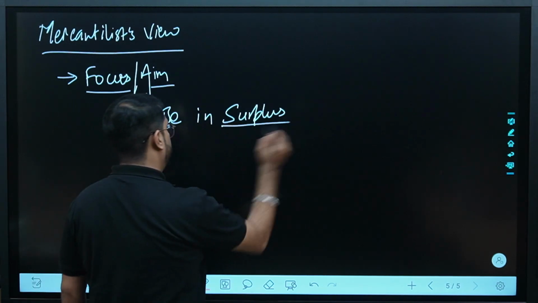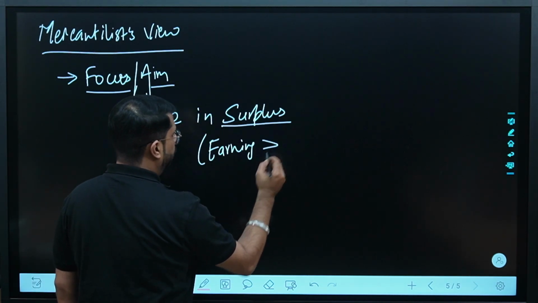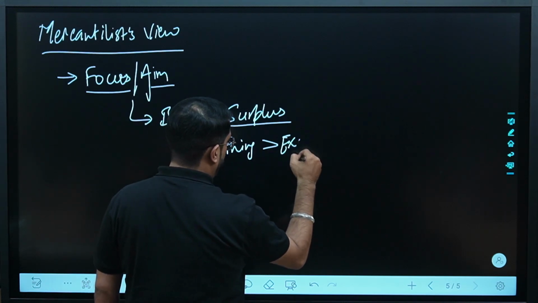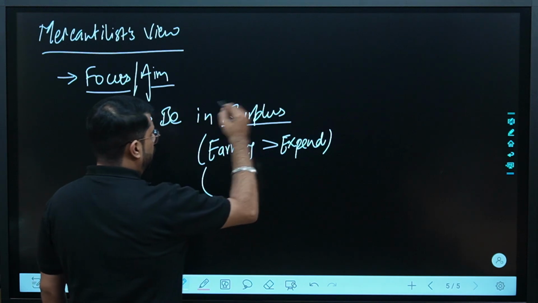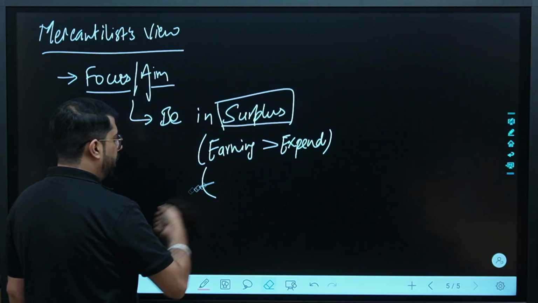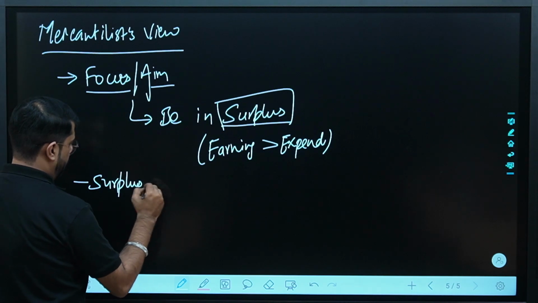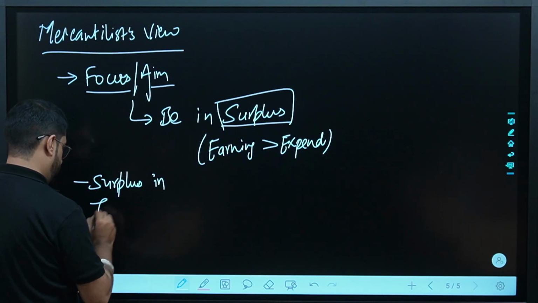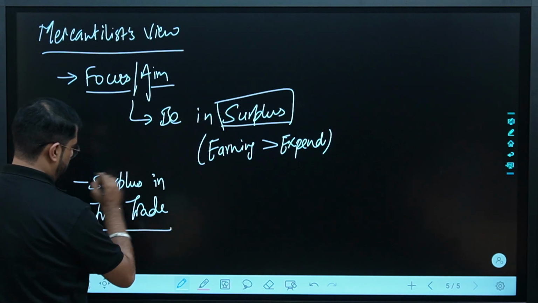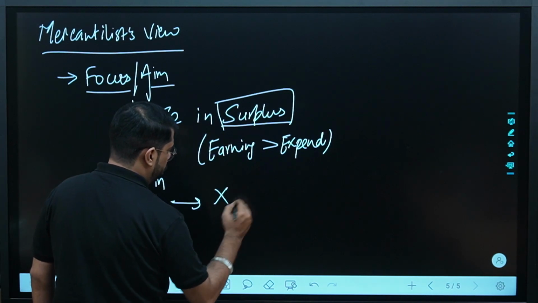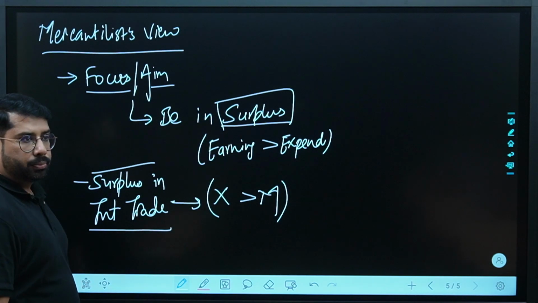Surplus means what? Your earning should be more than your expenditure. In short, surplus in international trade refers to a situation where your export is more than import.